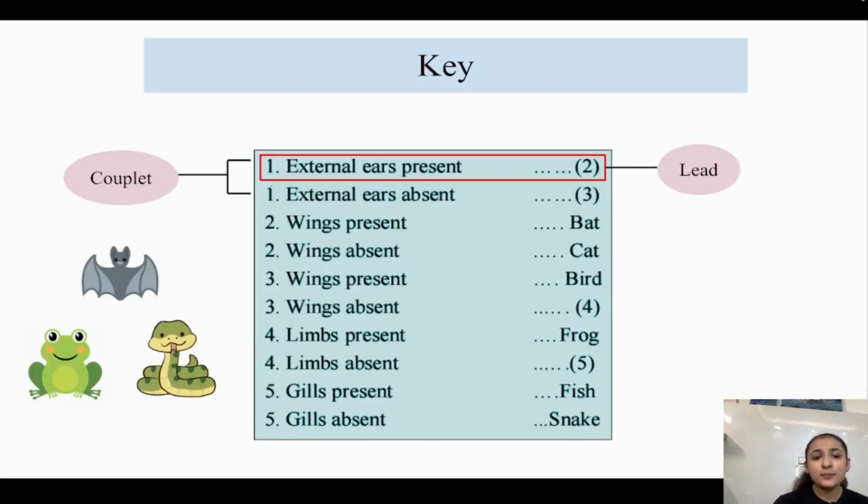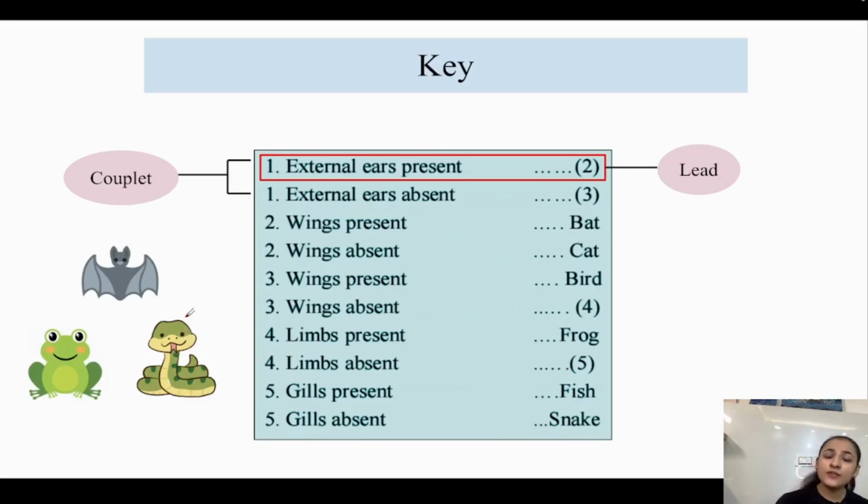So this is the example of a taxonomic key. This is how a key looks like. Okay, this section in blue-green color represents a key. Now if we have 3 taxa, for example, which we do not know yet. Consider a human being who has not ever seen a bat or a frog or a snake.